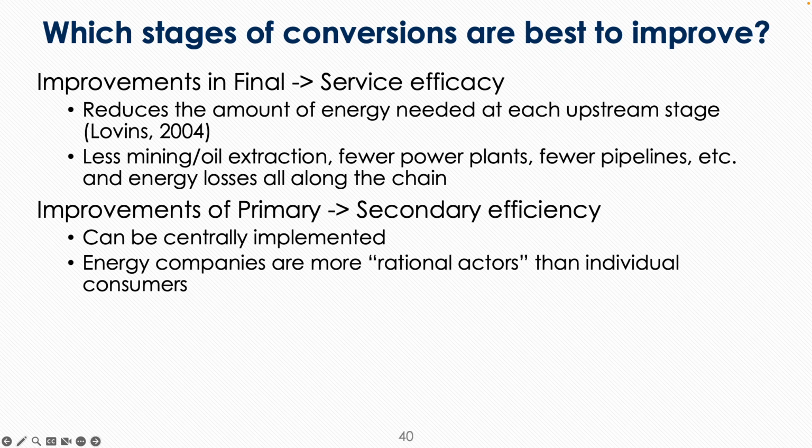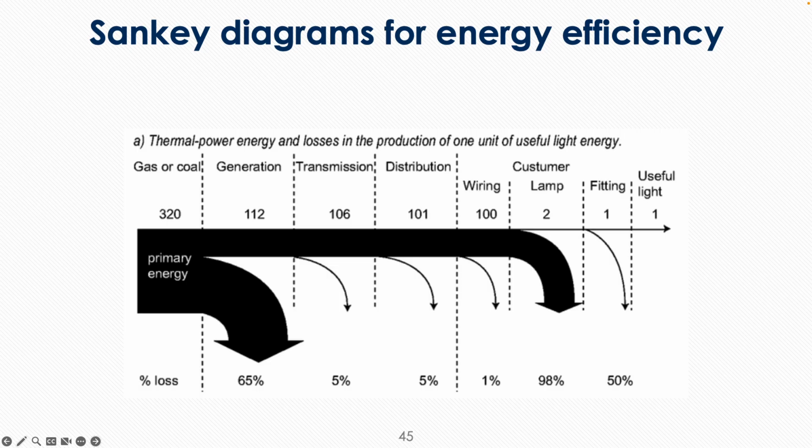Actually, I'll jump over here real quick. This is a schematic that shows the efficiency losses for thermal power to produce the amount of energy that you would need for useful lighting.